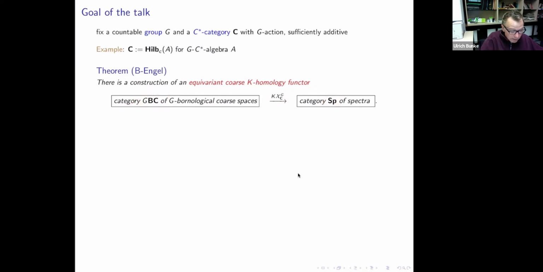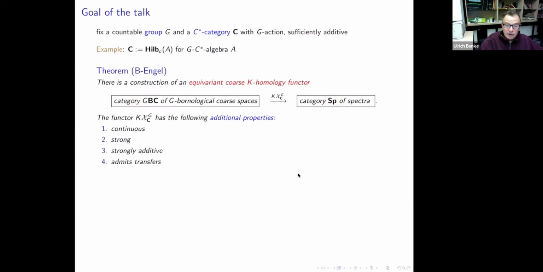And just for completeness, this functor has some additional properties beyond being a coarse homology theory. So it's continuous, strongly additive, and admits transfers. I'm not able to explain these adjectives in this talk, but just remember there are some additional properties, and we will revisit them in some statements later.